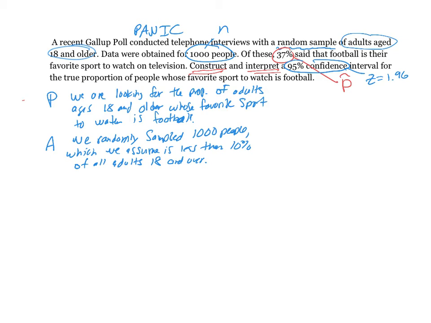And then we would say, 1,000 times 37% and 1,000 times 63% is 370 and 630, both greater than or equal to 10, okay? And then we can say, therefore, p hat is approximately normal.